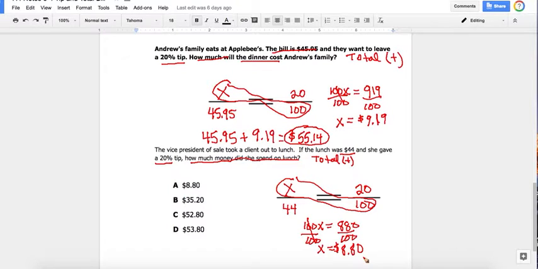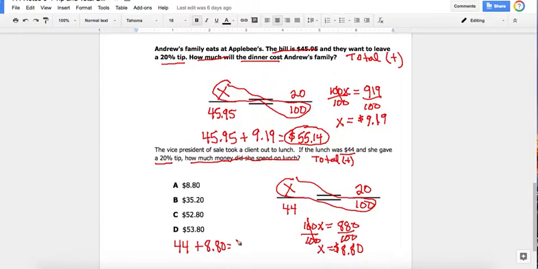However, this is not my final answer because I want to know how much money she spent on the lunch. So I need to take the cost of the lunch, which was $44, and add it to $8.80.